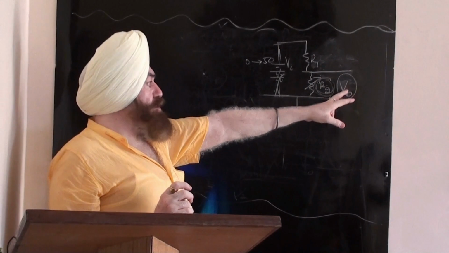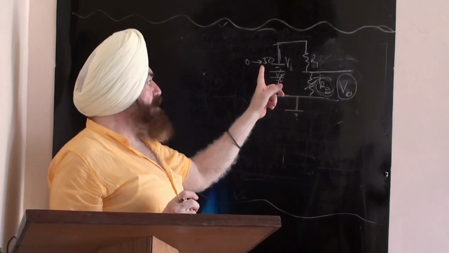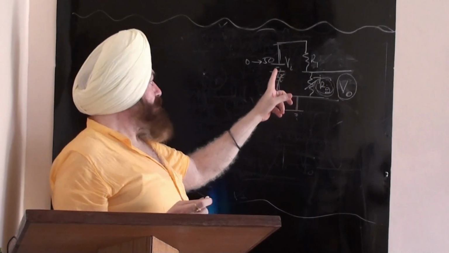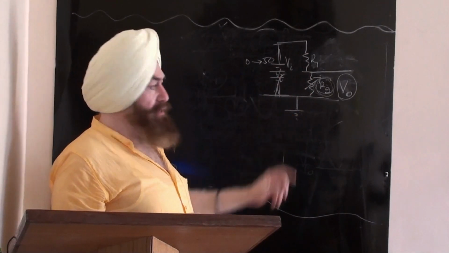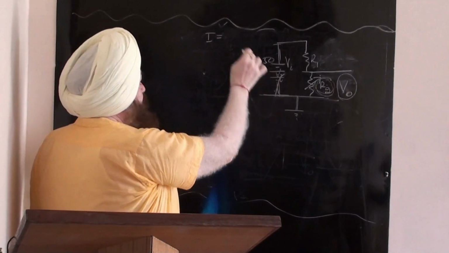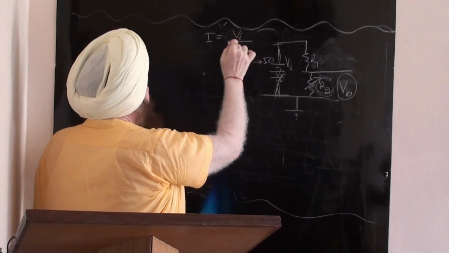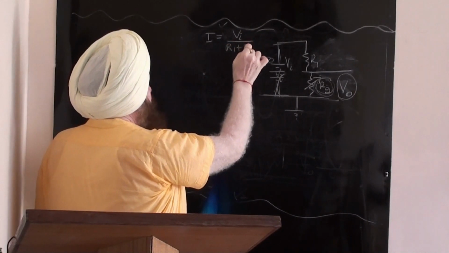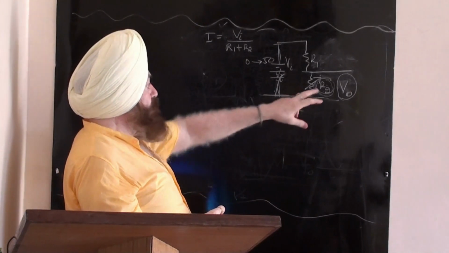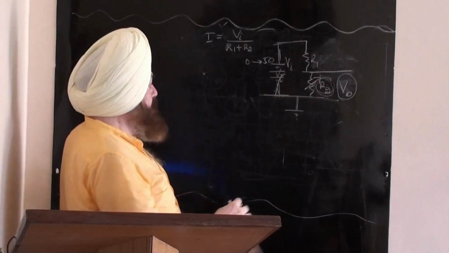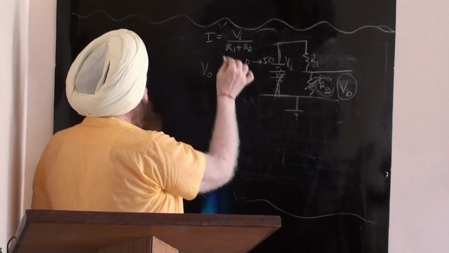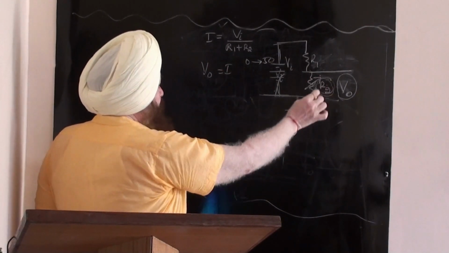Now, what is the relation of output voltage with respect to the input voltage? Very simple. First of all, you find the current flowing. That current is I equals Vi upon R1 plus R2. Then you find the voltage across here by Ohm's law. The output voltage is the current multiplied by R2.